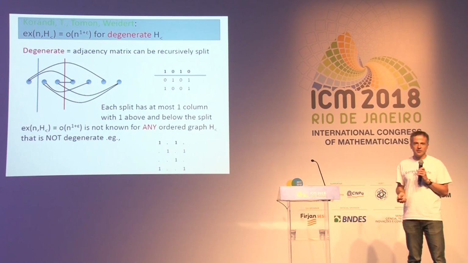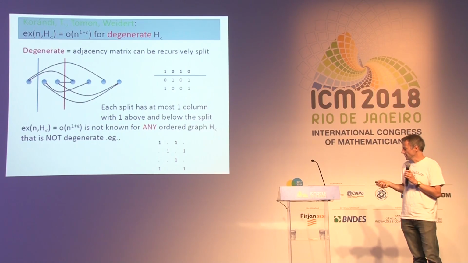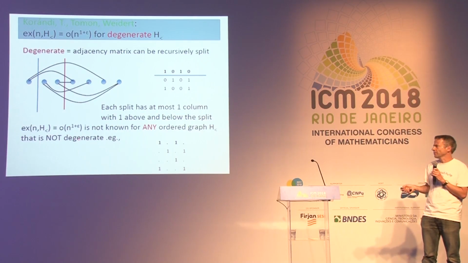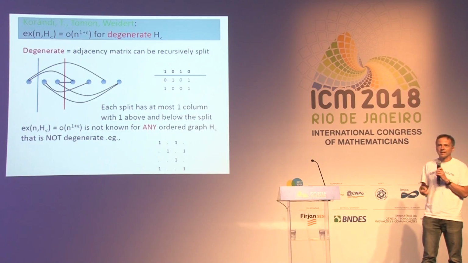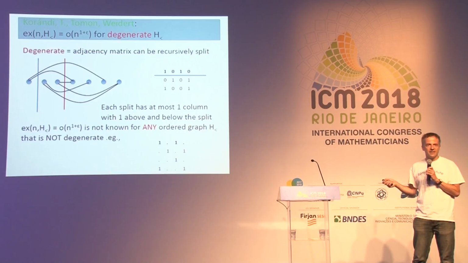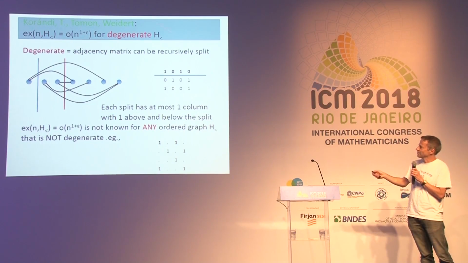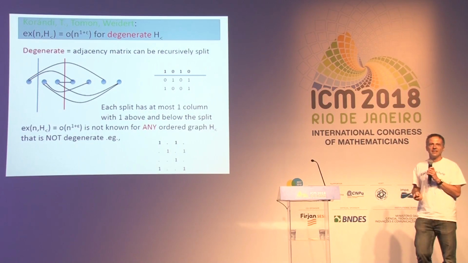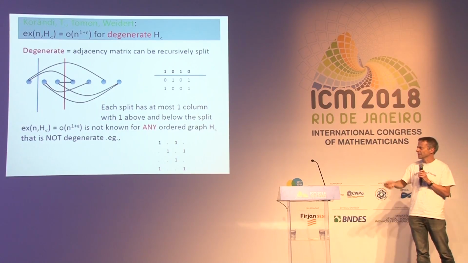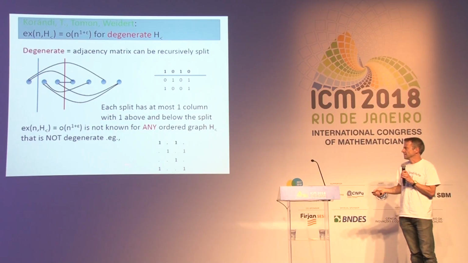As far as I know, there is not a single bipartite ordered forest for which little o of n to the 1 plus epsilon is proved for the extremal function, and it's not degenerate, except for the triviality that you can reverse the order, and if you reverse the order, that is like taking the transpose of this matrix, and some matrices are degenerate in the transpose, of course, then the same bound applies, but other than that, we don't know anything, and this is the smallest example.